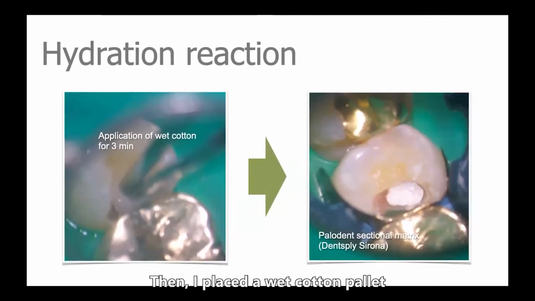Then I placed a wet cotton pellet on the material for 3 minutes to induce the hydraulic reaction, a very important step for initial setting of the material. After around 3 minutes, the material sets initially and was ready to receive the dentin bonding procedure.